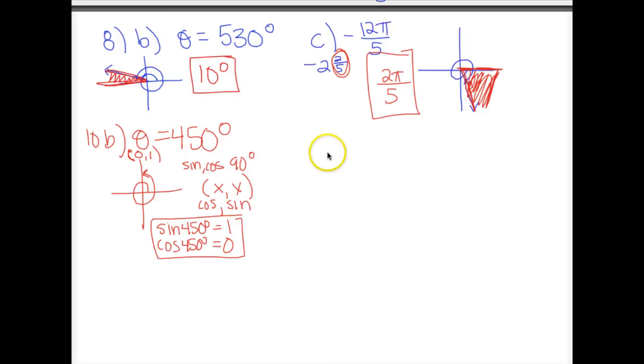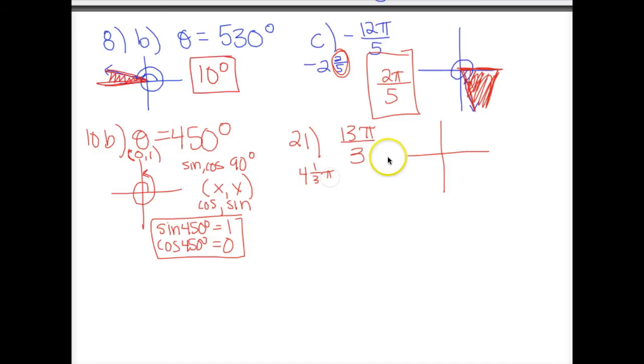The other one I'm going to do is number 21, where it asks you to find the sine, cosine, and tangent of 13 pi over 3. So again, the first step is knowing where 13 pi over 3 is, because we have to know what its reference angle is. 3 goes into 13 4 times with 1 left over.